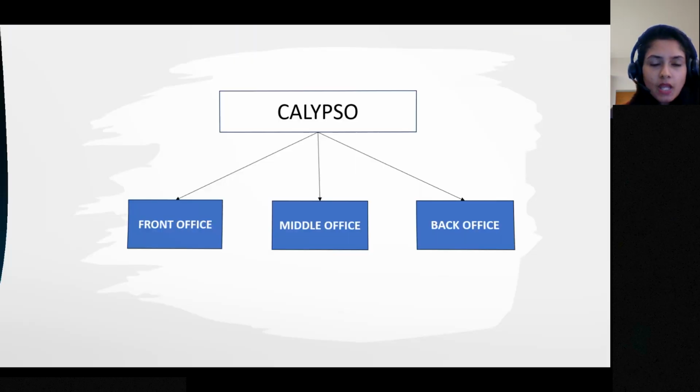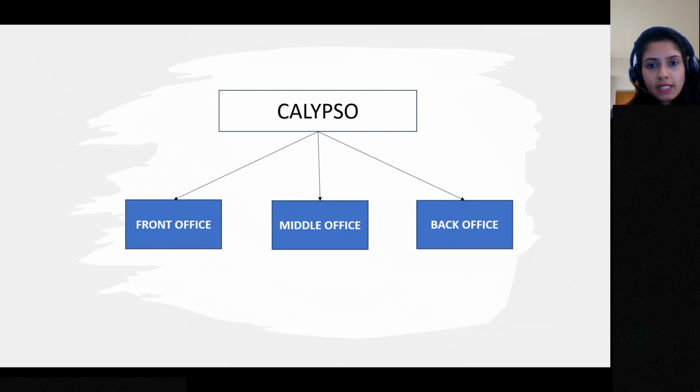Now, how is Calypso defined or divided? Basically, there are three parts of Calypso, or of any financial instrument, if you consider: front office, middle office, and back office.